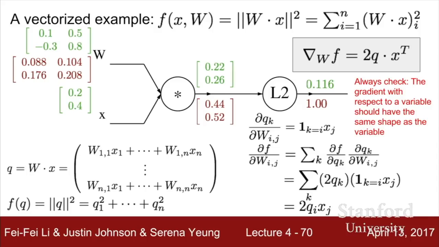This is something really useful in practice to sanity check, right? Once you've computed what your gradient should be, check that this is the same shape as your variable. Because again, each element of your gradient is quantifying how much that element is contributing to, affecting your final output.